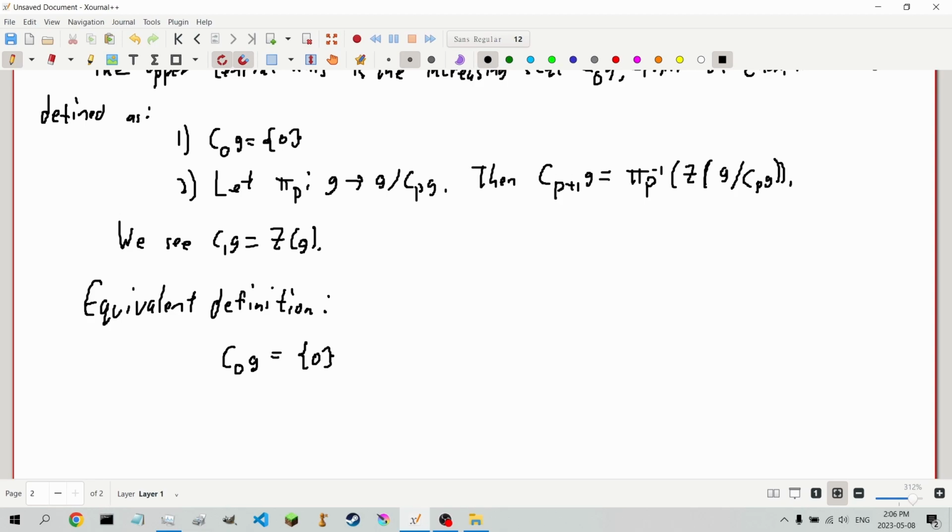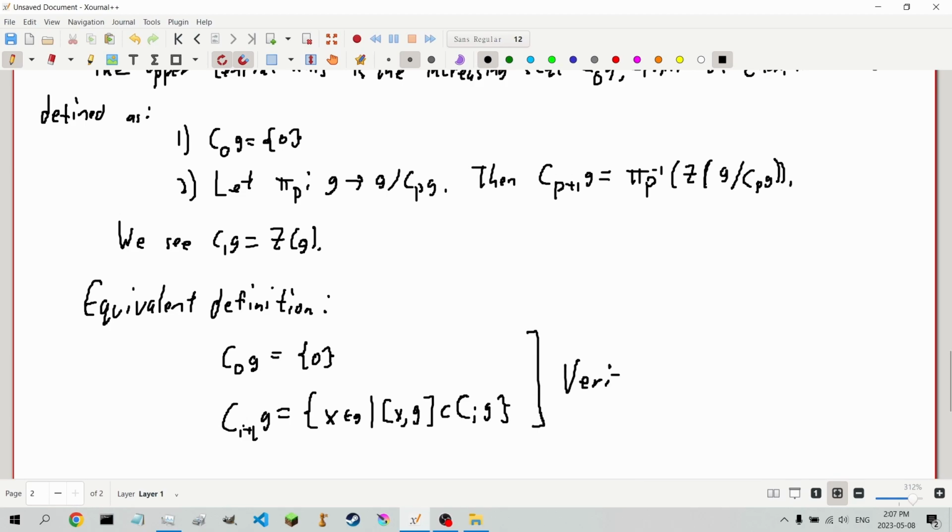And then we have, I believe, I'm sorry for the delay, that C(i+1) of G is the set of x in G where the image of all of G under the adjoint operator of x is contained within the previous C_i of G. I'll put a note here that you should verify this yourself.